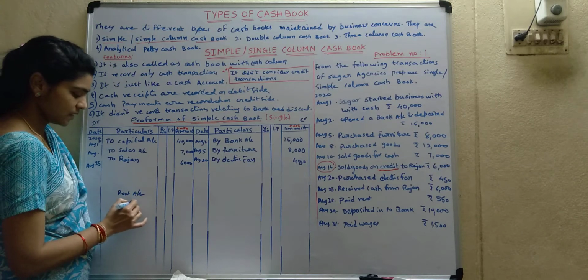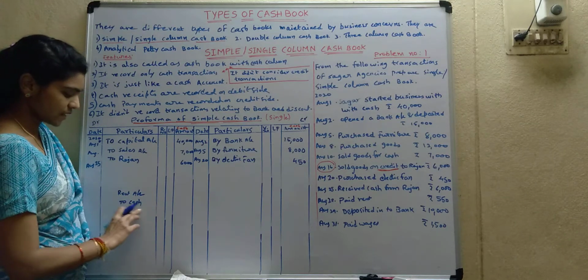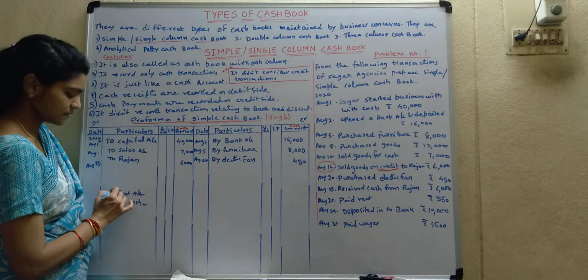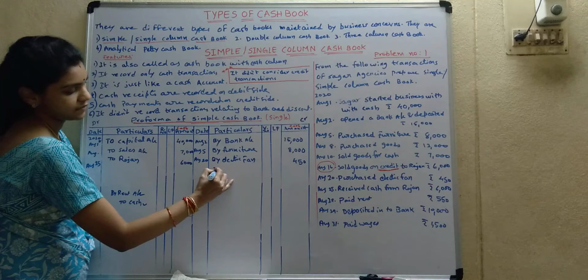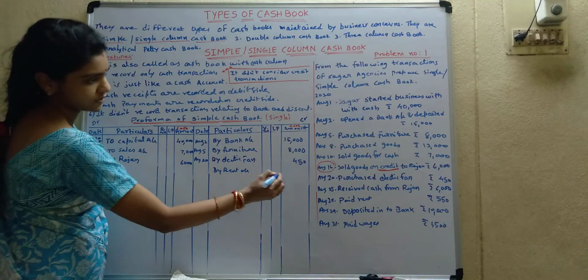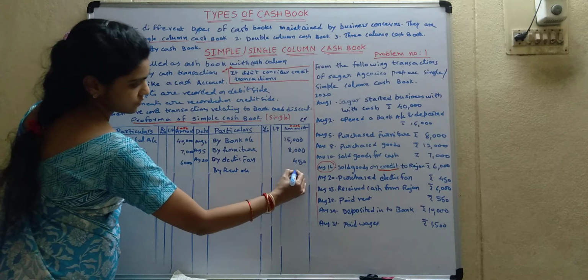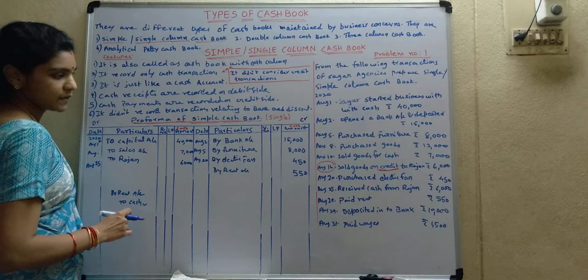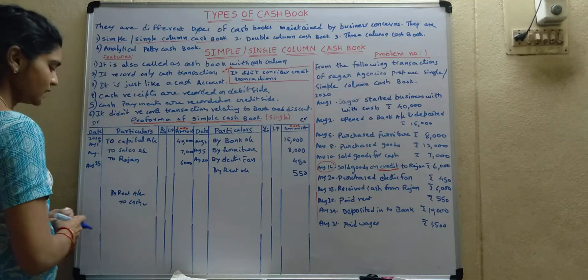So rent account debit to cash account. This is the cash account, so we have to write this by rent account. What's the amount? 550.